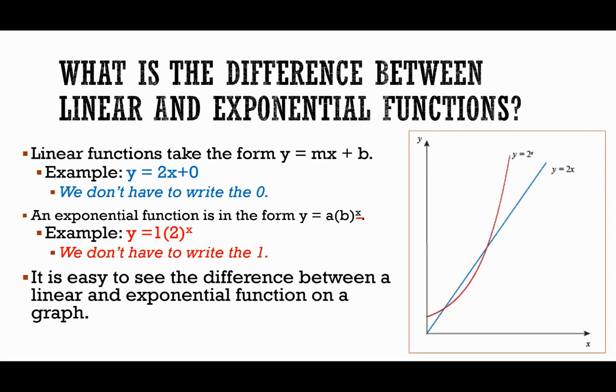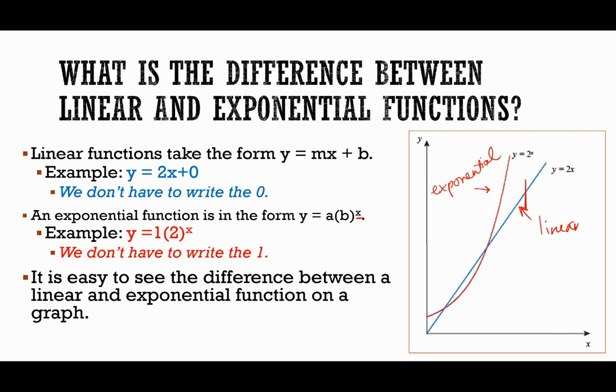And when we put these functions on the graph, it's easy to see which one's linear versus exponential. So you've got your line, obviously, is linear. Okay, and then you have your curve representing your exponential function.